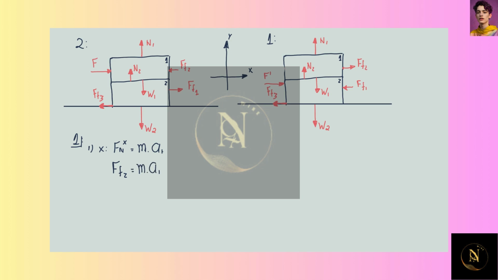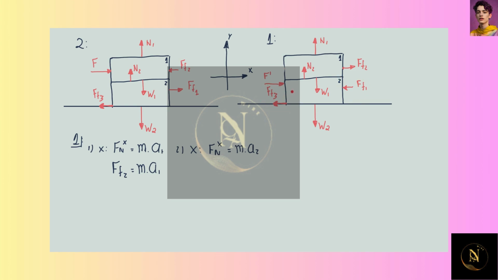Now we apply Newton's second law to block number 2, still on the x-axis. So it tells us that the net force acting on block number 2 in the x direction is equal to the mass of block number 2 times its acceleration. Notice that the net force that acts on block number 2 on the x-axis is composed of three forces. The frictional force that the upper block exerts on the lower block, trying to keep it in place.